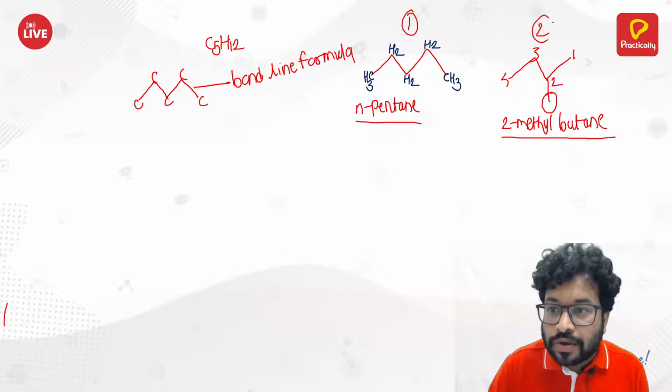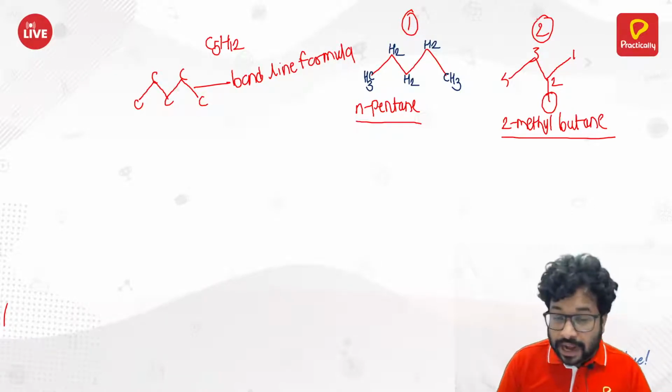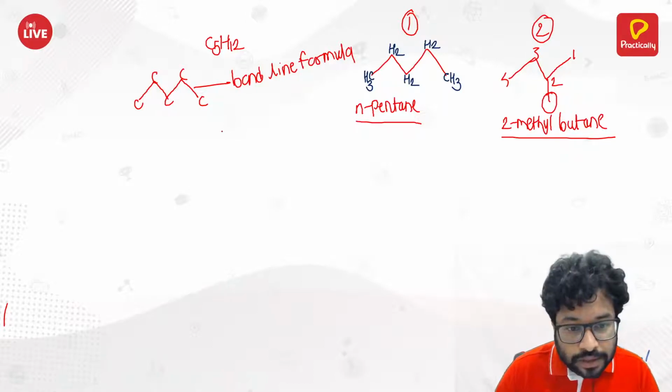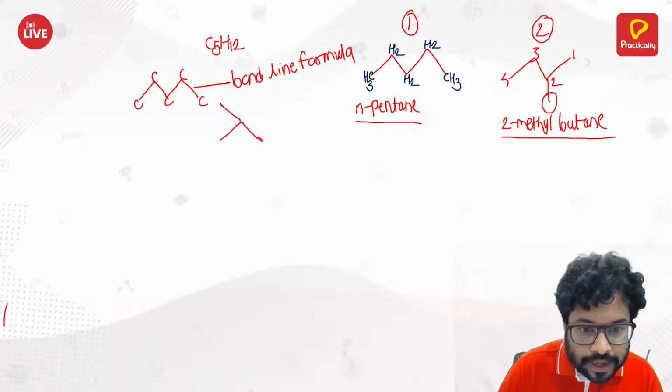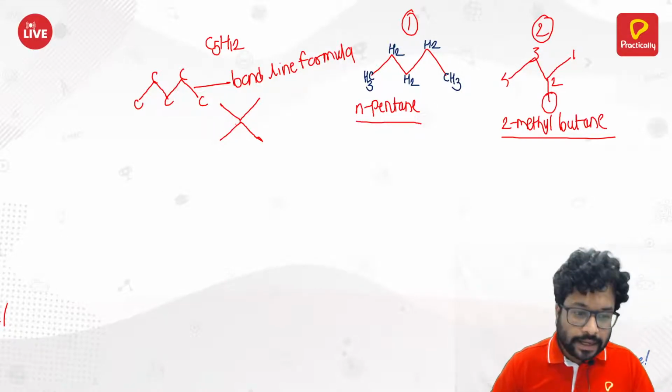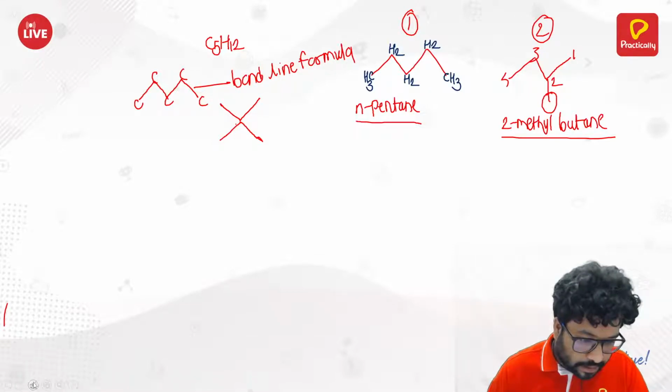Can we arrange one more structure in this? Yes, we can. Let me show you. See here. 1, 2, 3. Right. Then you got 1-methyl, 1-methyl. See, so if you start counting here, how would you count it?